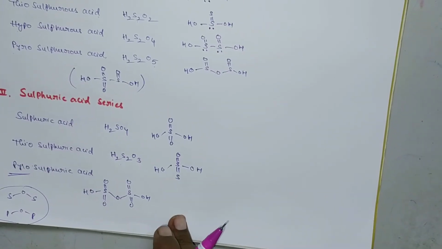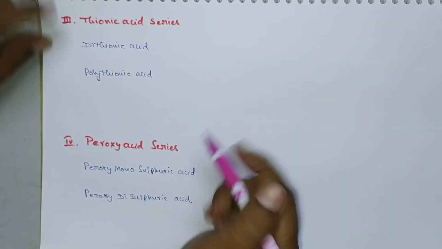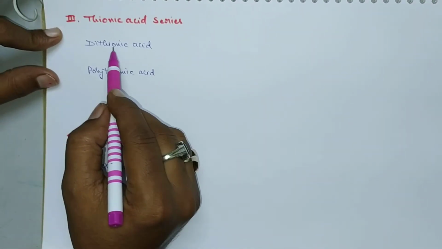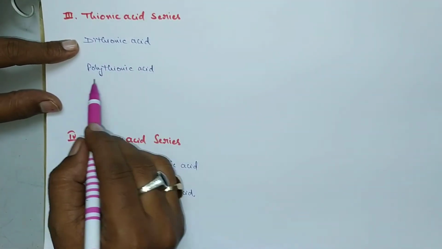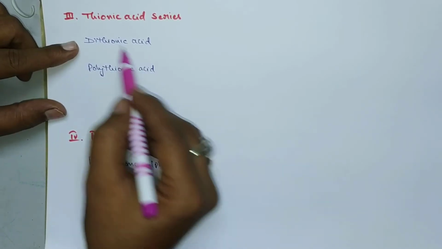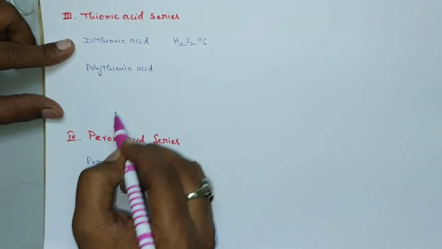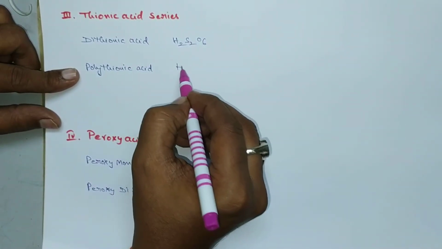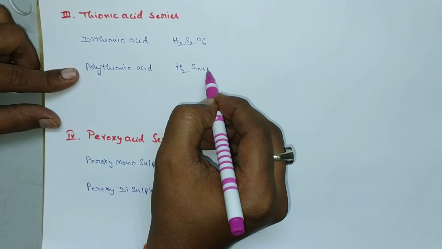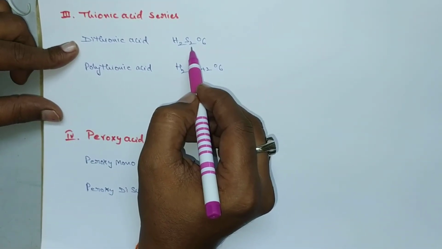Next one, thionic acid series. So the thionic acid series again consists of 2 types. One is dithionic acid, the other one is polythionic acid. So the dithionic acid formula is H2S2O6, and for polythionic acid, H2SN+2O6. Dithionic acid means it consists of 2 sulfurs.